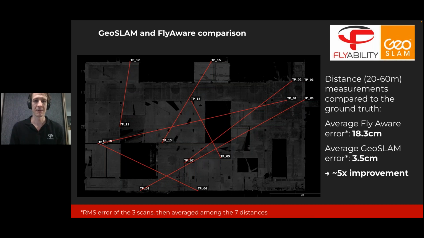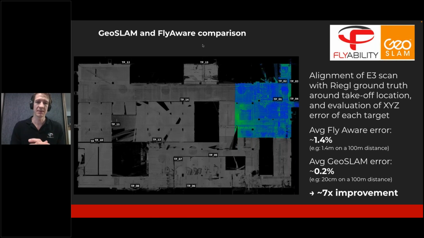The other thing we did, on the next slide, is simulate a situation where we can georeference the 3D model only around the takeoff location, assuming all of the rest of the asset has no ground control point because it's out of reach.